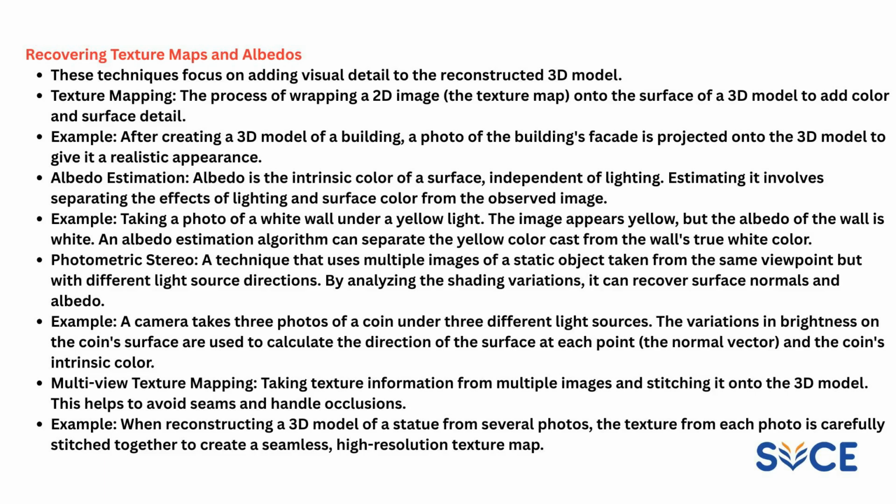Albedo estimation finds the true color, independent of lighting. Photometric stereo uses shading to recover the surface normals as well as the albedo. And multi-view texture mapping blends multiple images to create seamless texture.